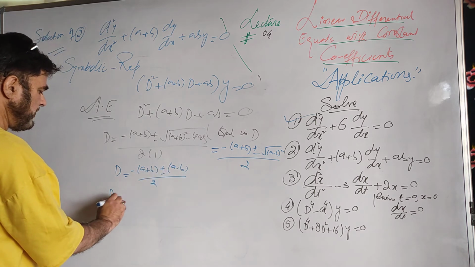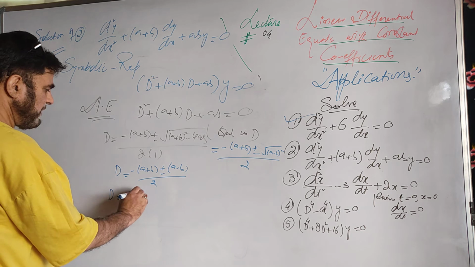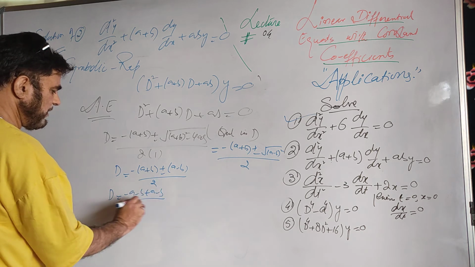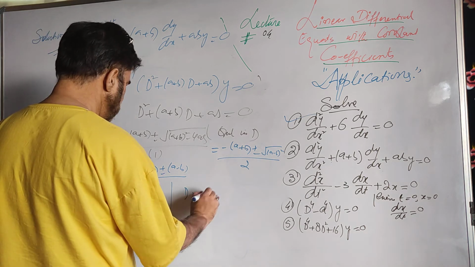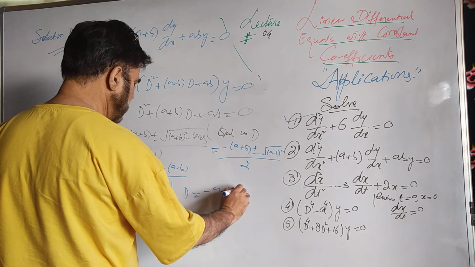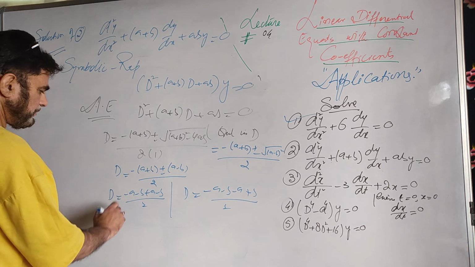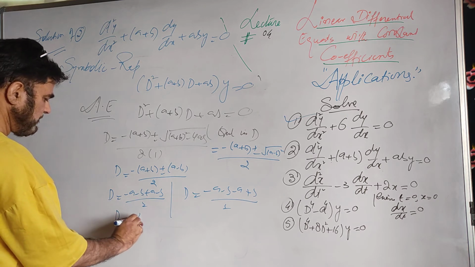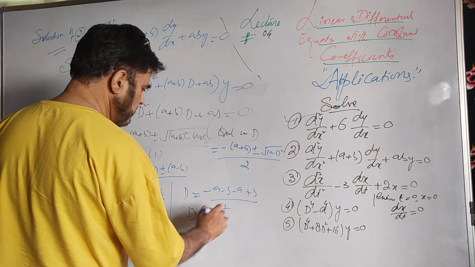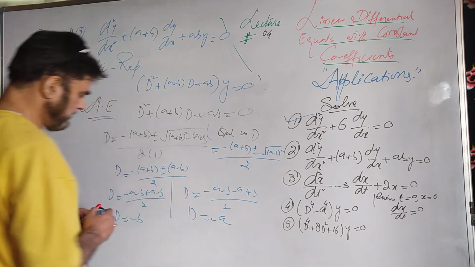Now one value of D is [-a-b + a-b]/2, and another value of D is [-a-b - a+b]/2. That gives you D = -b, and it gives you D = -a.